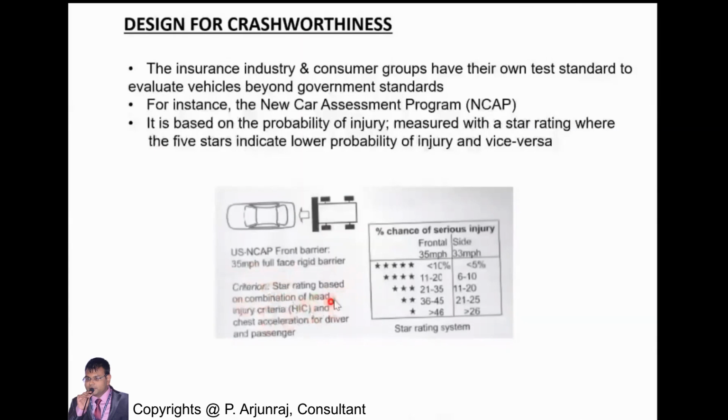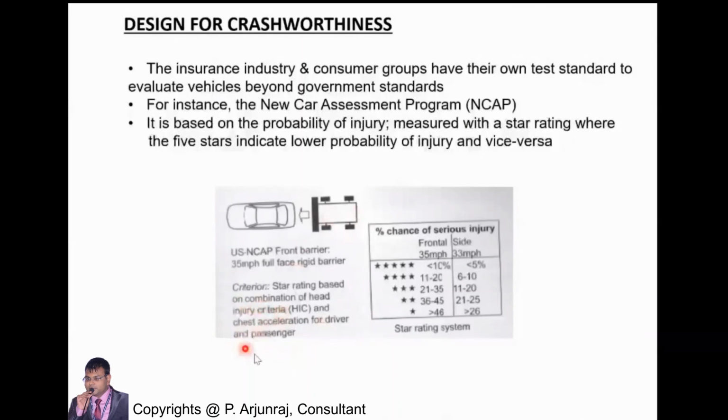On what basis are you giving the star rating, from 1 to 5? It is based on the HIC value and also the deformation that the dummies experience, or in the case of real accidents, the humans sitting in the driver's seat or the passenger seat.